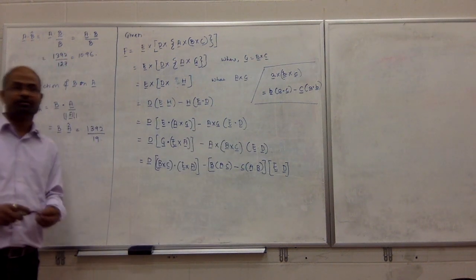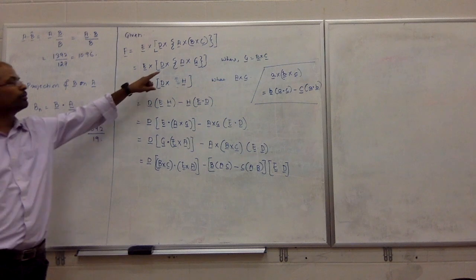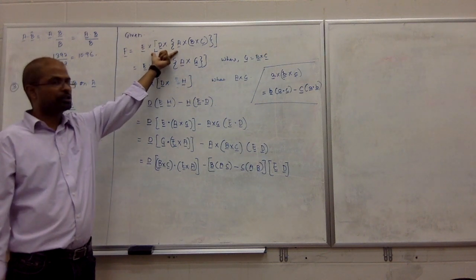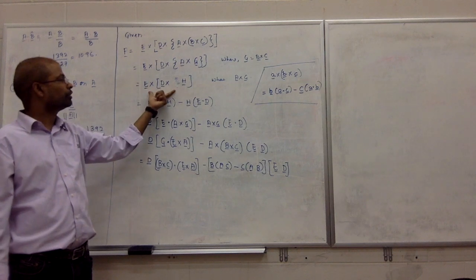Here's a question about something. In the second to last line, why did you put G in there? Because I wanted to simplify this. I cannot apply the back minus cab rules to this directly, but I can apply it to this.